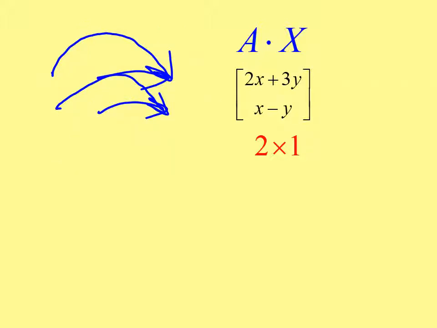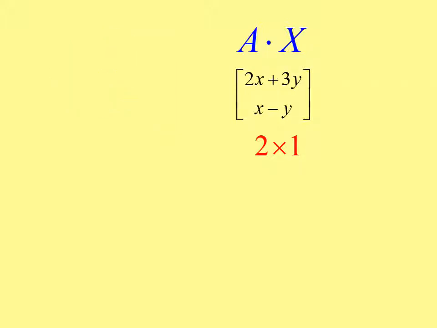So here's what we're going to do. We're going to take another matrix, which is a 2 by 1 matrix, and we're going to set these equal to each other.